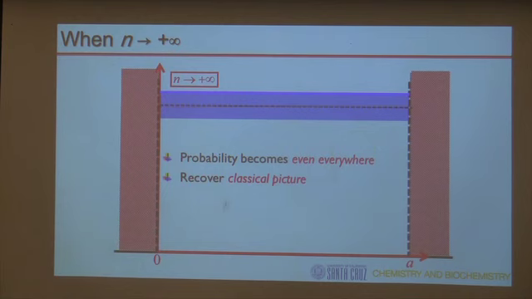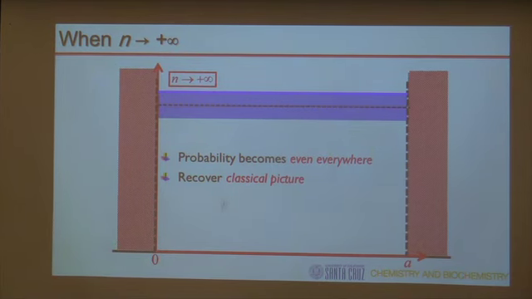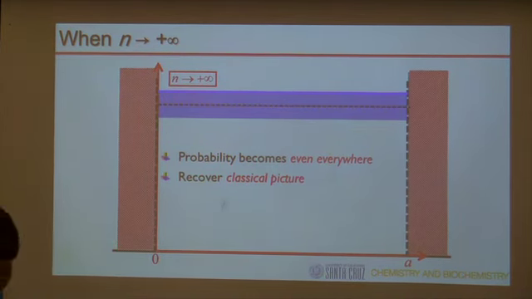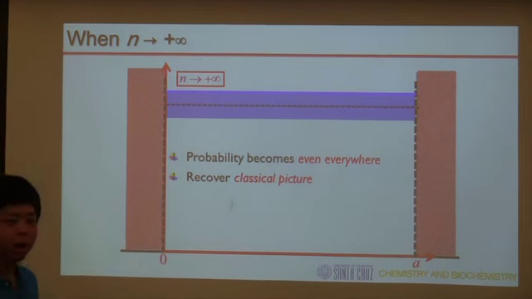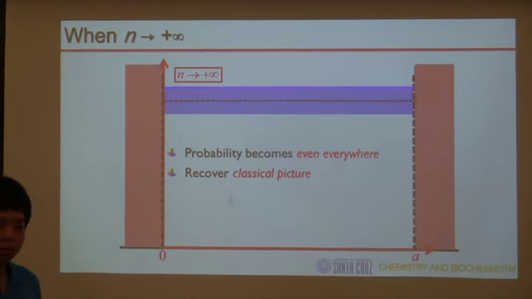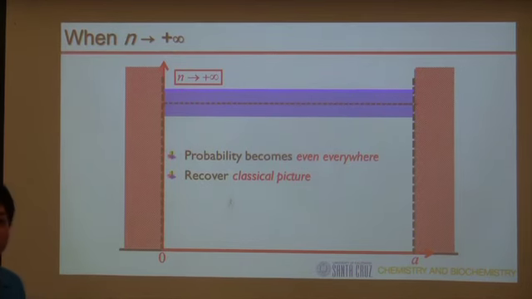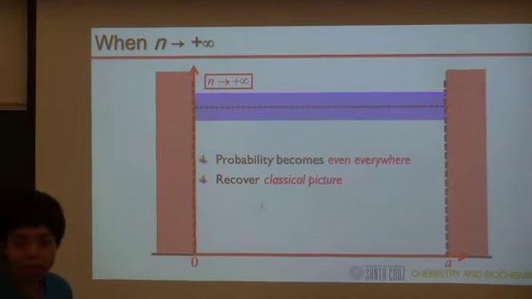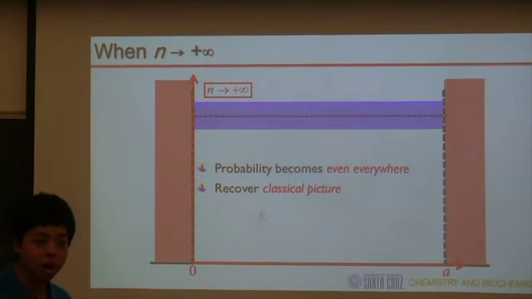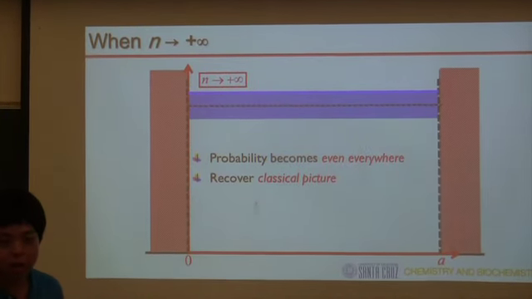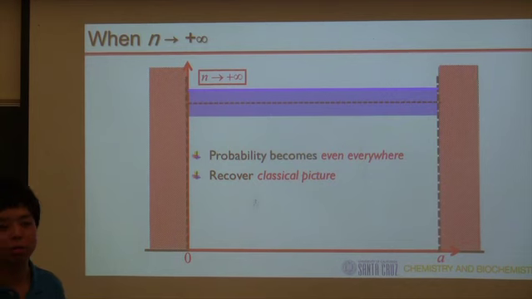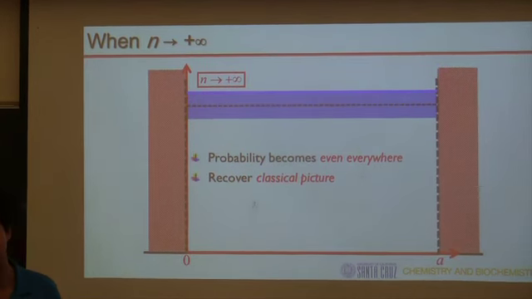That's exactly the classical feature. So think about that. I have a box, and I put a particle into it, and ask you to find the particle. In a classical picture, when you open the box, assuming the particle is still moving inside, the chance to find that particle should be the same everywhere, evenly distributed.